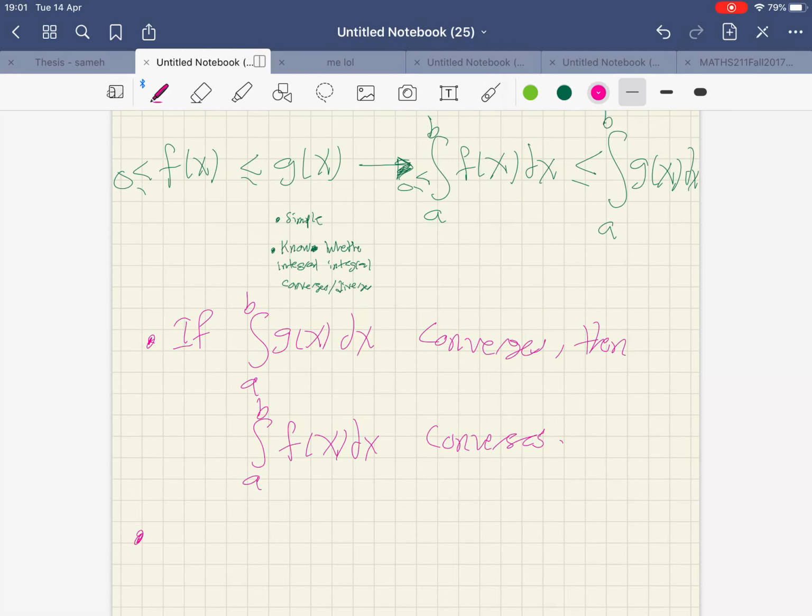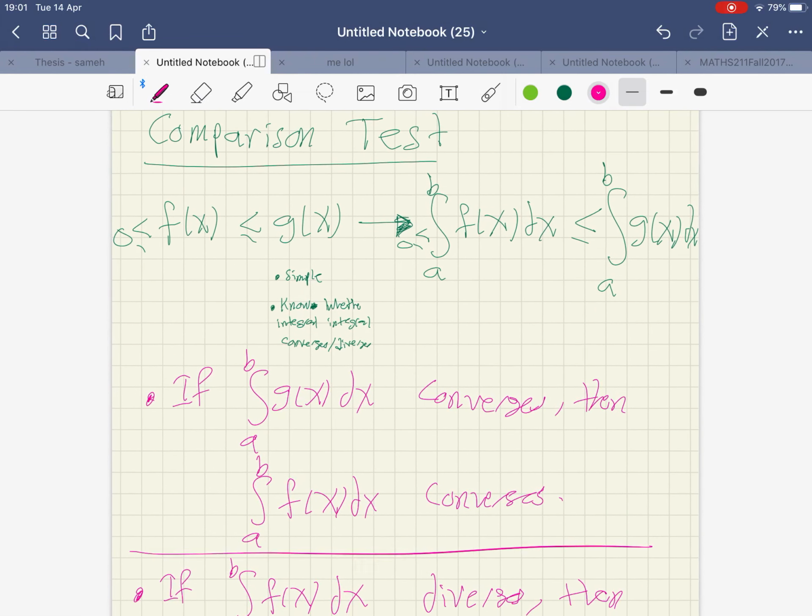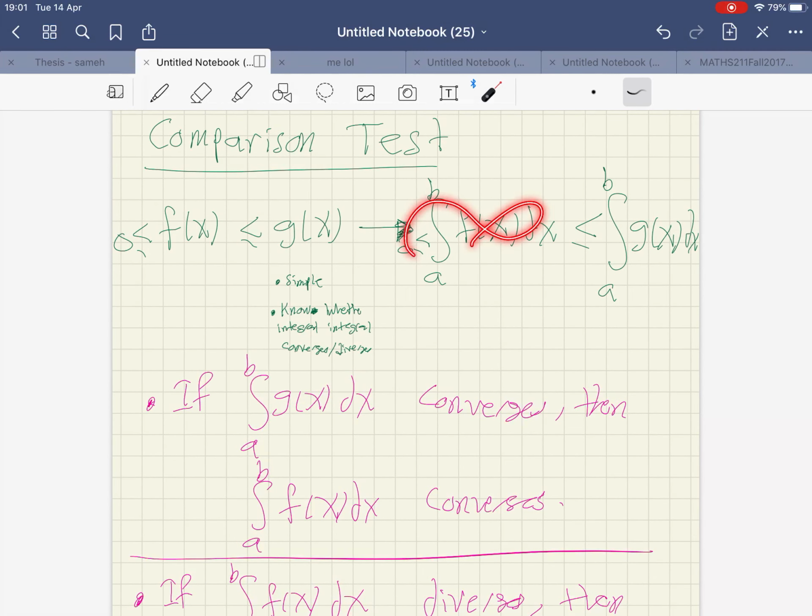Next, what happens if the small one diverges? Imagine the small one is infinity. What do you think the large one will be? What is bigger than infinity? Can it be 7 or 8 or 10 or a million?